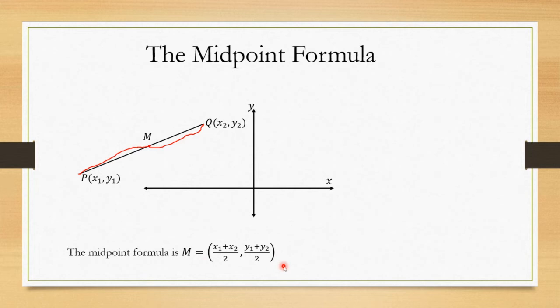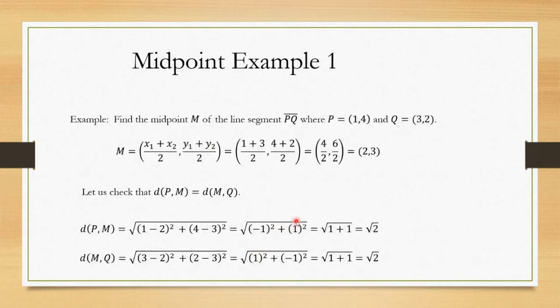Good. All right, so this is what we have. Let's do an example. Let's suppose P and Q look like this. We want to find the midpoint of the line segment PQ, where P is this point and Q is this point.